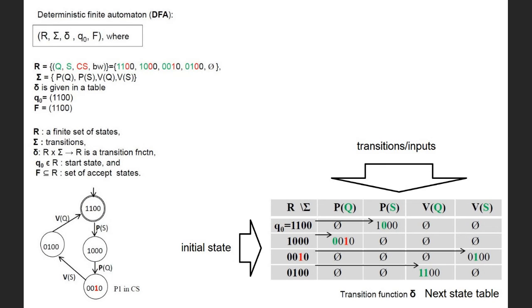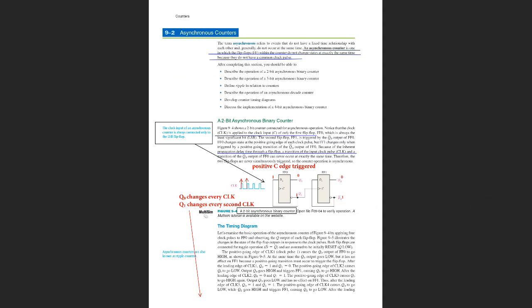So when we come to counters, they belong to the group of finite state machines, in which we have an initial state, we have maybe a clock signal acting as the input, and then we have the next state. So let's have asynchronous counters, in which we have flip-flops which do not change their states exactly at the same time, because they don't have a common clock pulse.